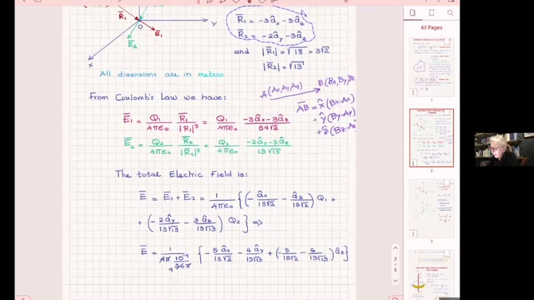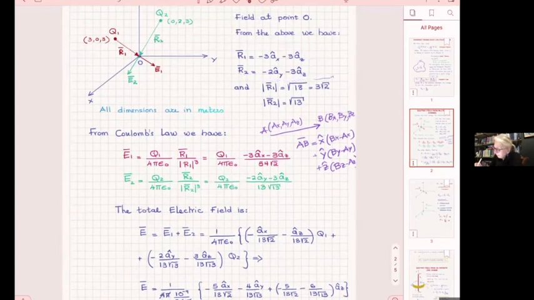Okay. And then I go and find the magnitude of r1. And how do we find the magnitude of r1? Can somebody tell me? Square root of all the components. Yes, it's the square root of the x component of r1 squared plus the y component squared plus the z component squared. Okay?